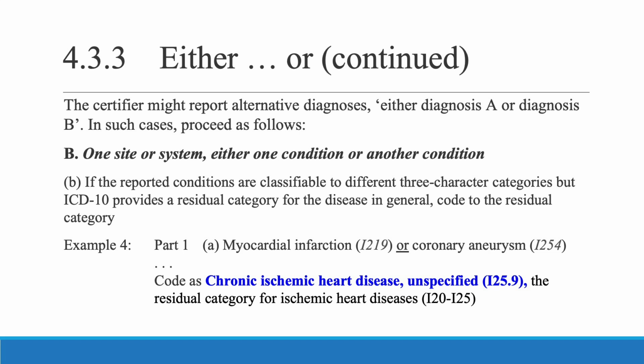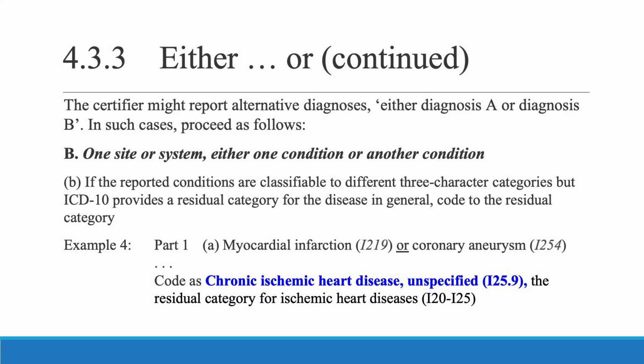For example, number 4, part 1, line A, myocardial infarction or coronary aneurysm. The provisional code for myocardial infarction is I21.9, coronary aneurysm, from the last slide, I25.4.